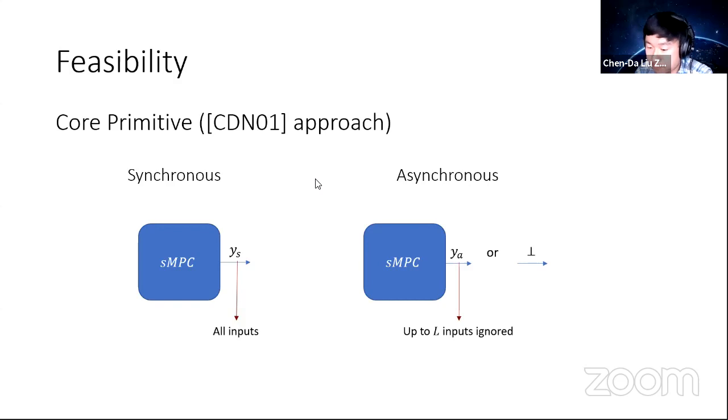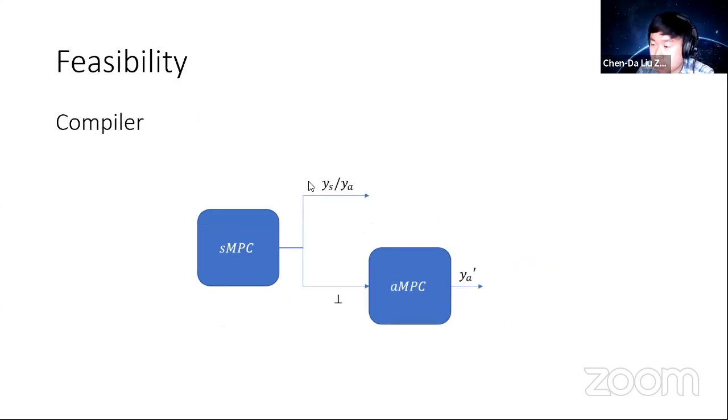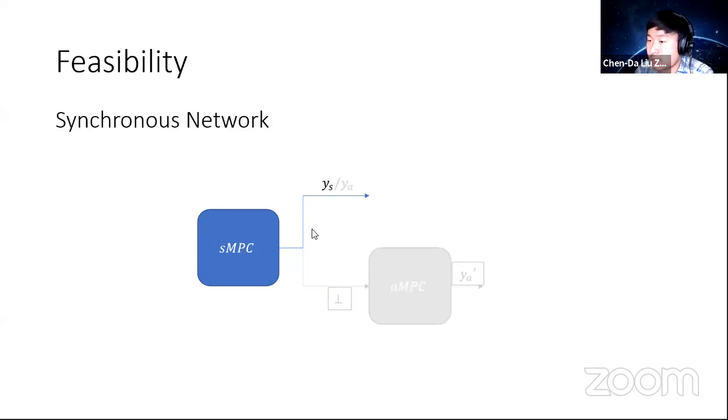And once we have such a primitive, it's easy to guess how to get the MPC that we want. We first run the synchronous enhanced MPC protocol, and if the output is ⊥, we run any asynchronous MPC protocol. And why does this work? Because if the network is synchronous, we inherit the security guarantees from the first component.